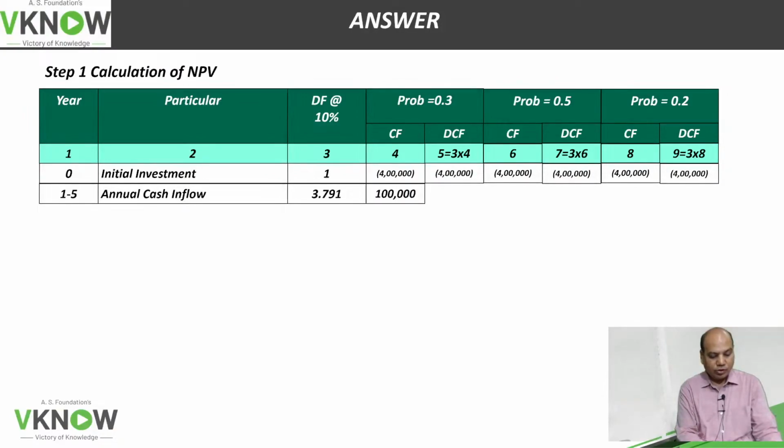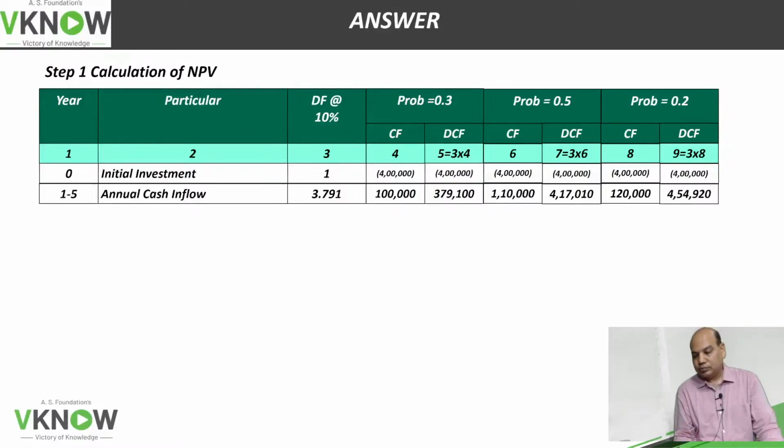Present value is 3.791. If first situation arises, annual cash flow will be 1 lakh. So what you do? Multiply 1 lakh into 3.791. 3,79,100. Next, in second scenario, it is 1,10,000. 1,10,000 into 3.791. 4,17,010. Third scenario, 1,20,000.